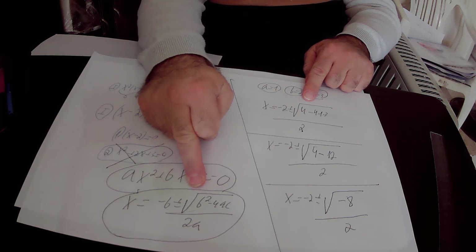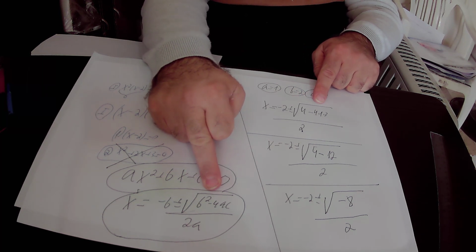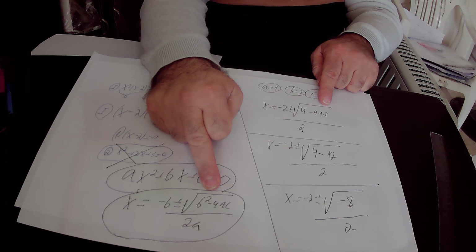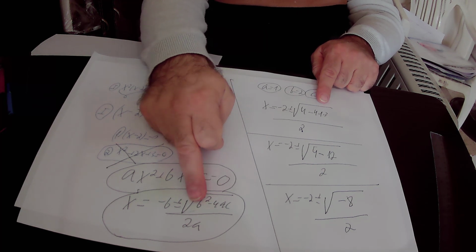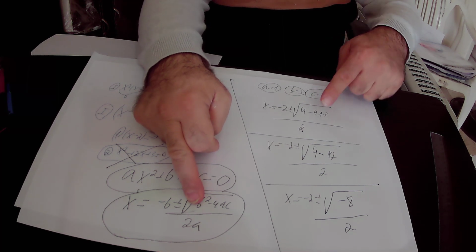B is 2, so b squared is 4, minus 4 times a times c, which is minus 4 times 1 times 3, divided by 2a, which is 2 times 1, so 2.